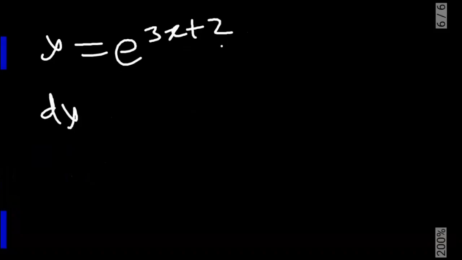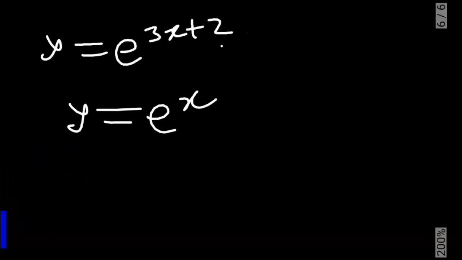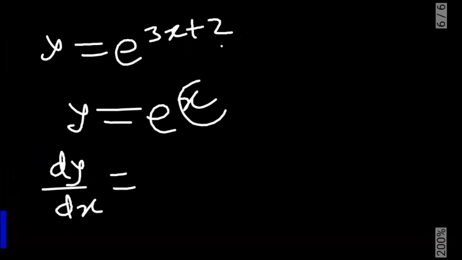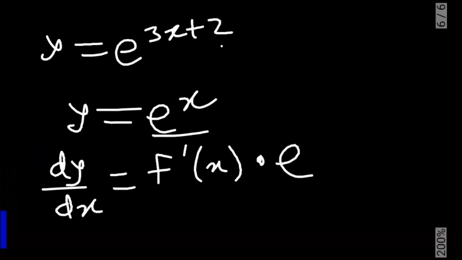If we have y is equal to this, the derivative of this, dy/dx, would be the derivative of this multiplied by this. So let's do that here.